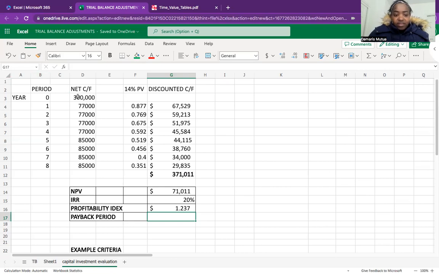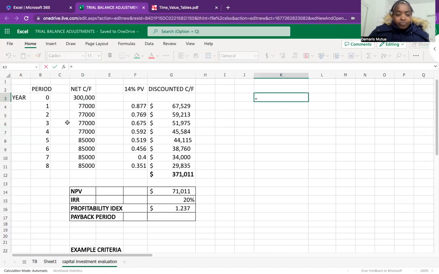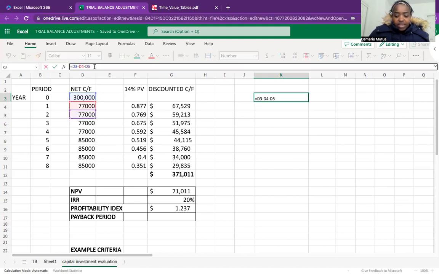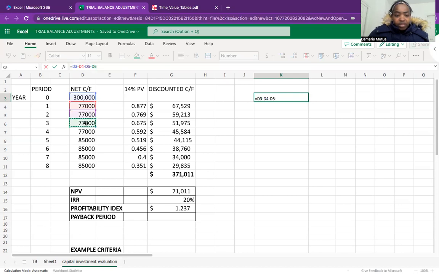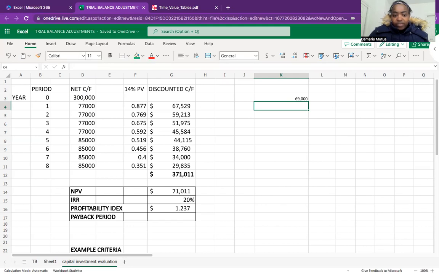Our payback period is the period that it takes to recoup the original investment. We invested 300,000. So how long does it take? You get your 300,000, you minus, the first year we're getting 77, the second year we're getting 77, so we have 146 to go. The third year, 77, so it's 3 years, then we are left with 69.